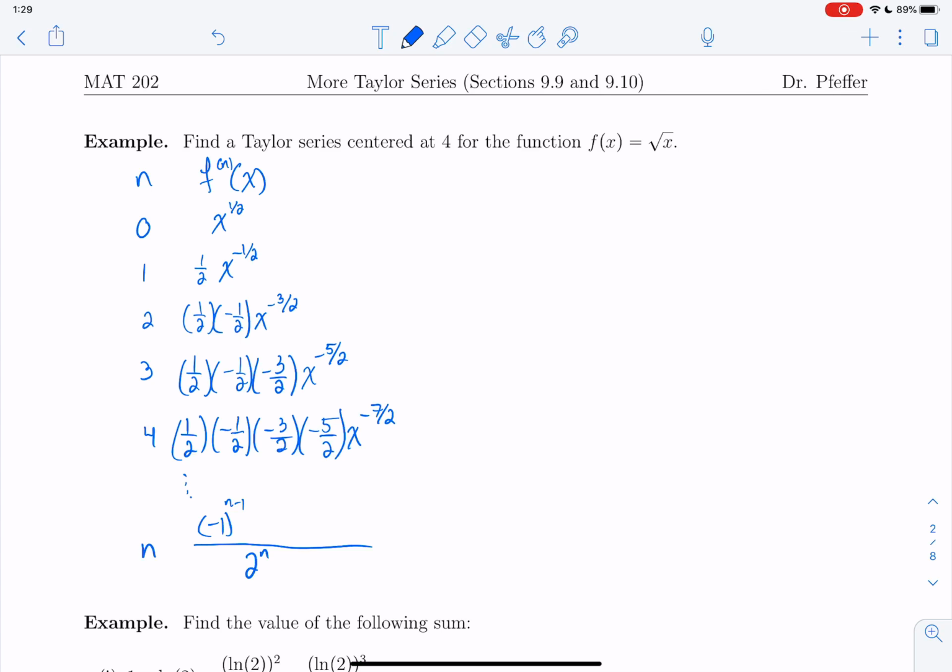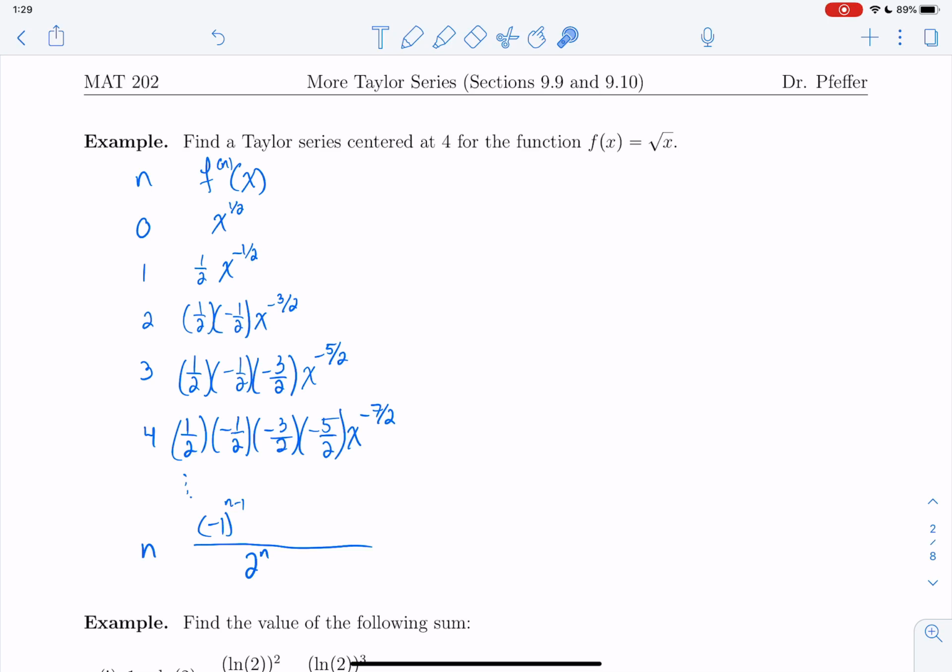Now this is where I think there was a small typo. The top is a product of odd integers, and specifically it's the product of odd integers from, say here, 1 times 3 times 5 and 1 times 3 for n equals 4 and 3 respectively. And the pattern that we use to get there is going to be, well, how do we get from 4 to 5?